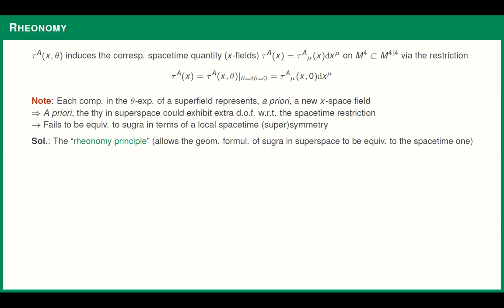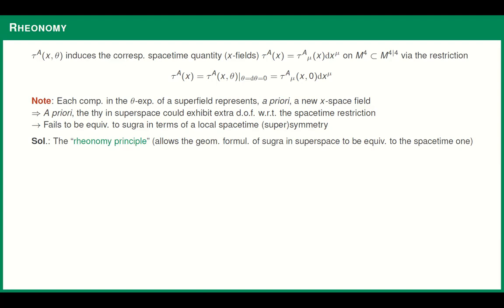Looking at the theory written in this way, one could say we have some extra degrees of freedom, extra dynamics in superspace with respect to what we expect on space-time, so there is something wrong. If this were the case, we would have a theory that fails to be equivalent to supergravity in terms of local space-time supersymmetry.